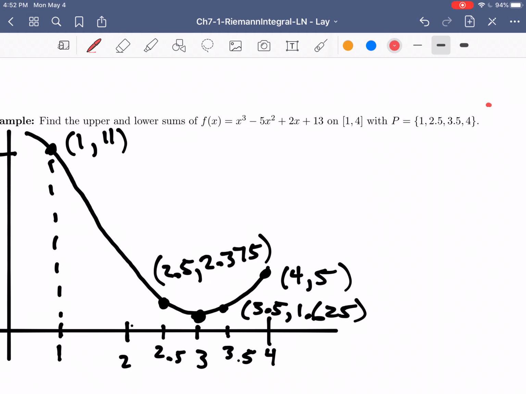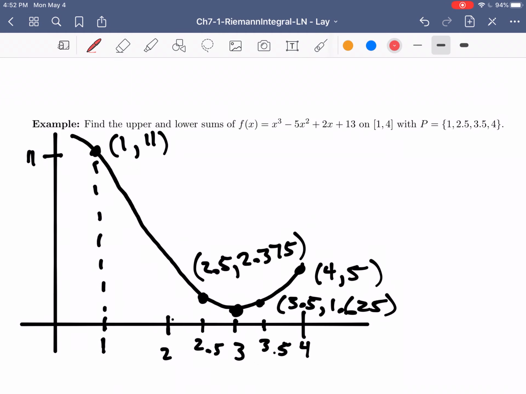So here we have this function. I've drawn it a little. It is not necessarily well drawn, but here we have some values for this function. So our function f of x here is this. We are on the closed interval from 1 to 4, and we are going to look at this partition. So we want to find both the upper and the lower sum.